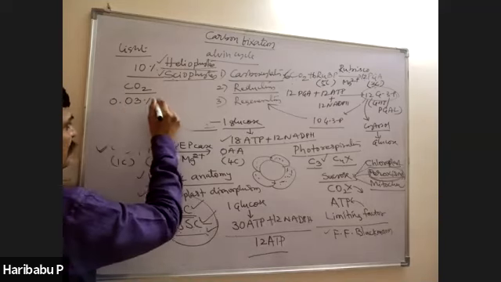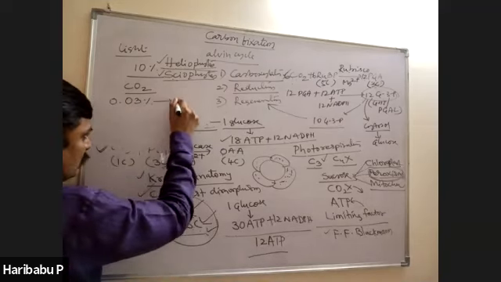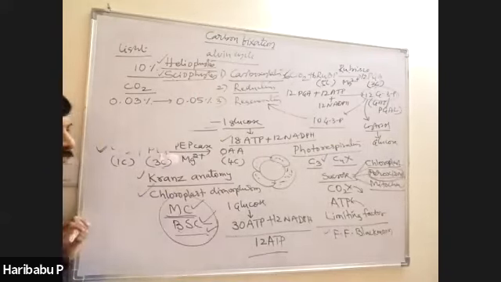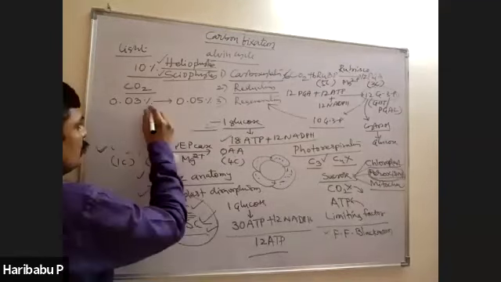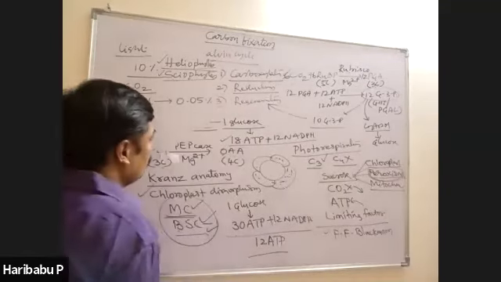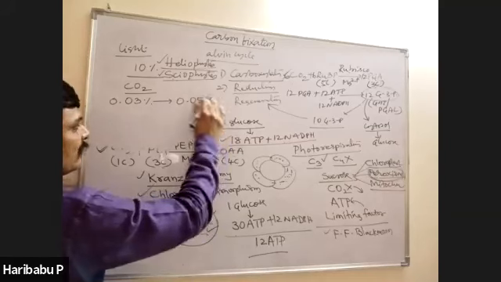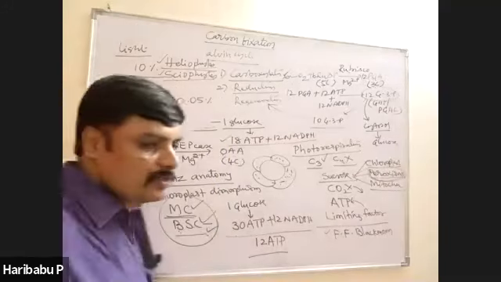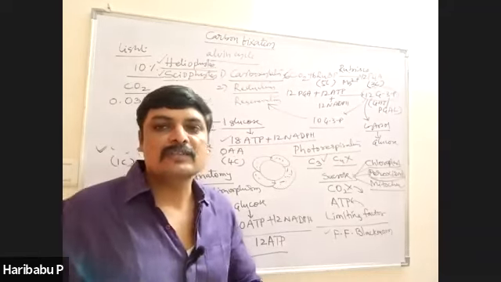Photosynthesis increases from 0.03 to 0.05%. Beyond that, the rate of photosynthesis decreases because high CO2 concentration closes the stomata.